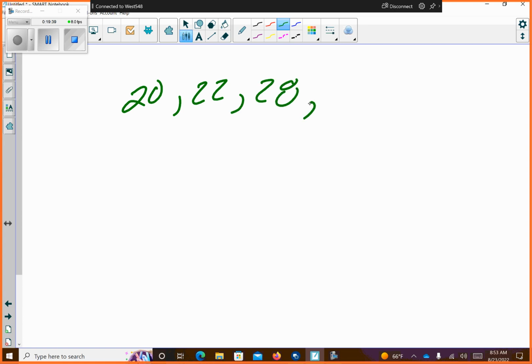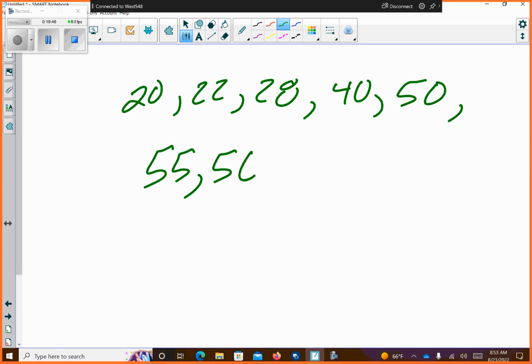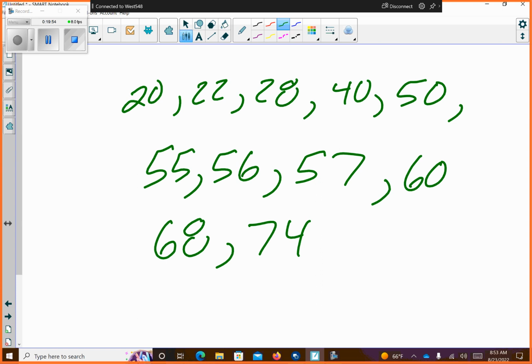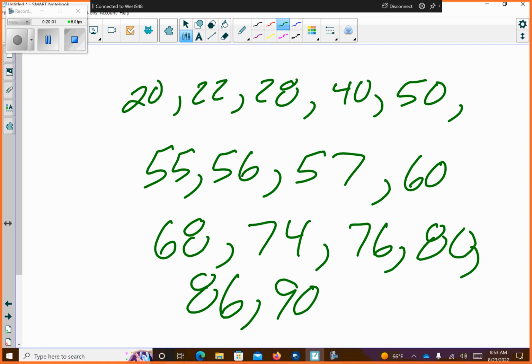These are percents, and I already have them in order for you. That's the percent of an Algebra 1 class. Those are my scores, as a percent.